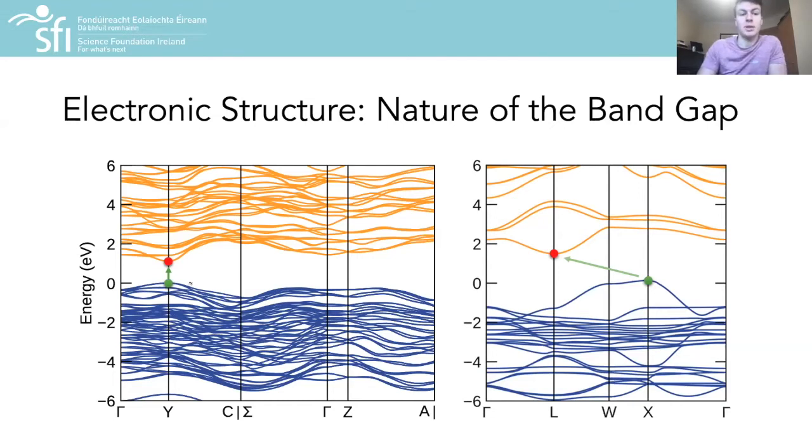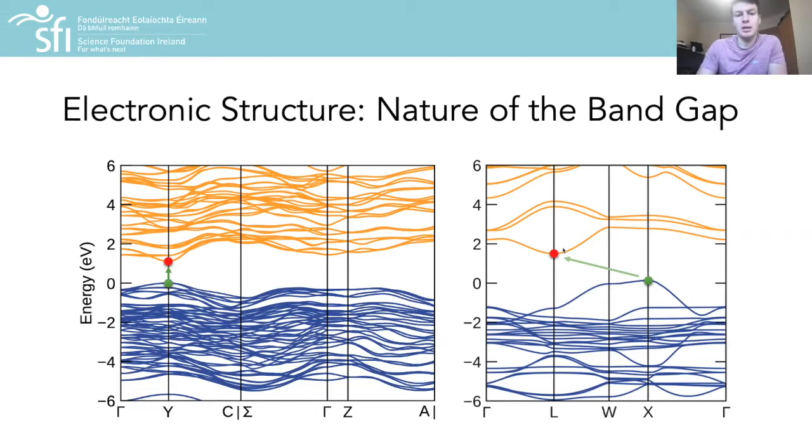So this means if we have a direct gap semiconductor where CBM and VBM occur at the same point in reciprocal space, we will typically get strong absorption at the band edges, because once we have photons coming in at an energy equal to or greater than the band gap energy, we can immediately excite electrons from our valence band to the conduction band.